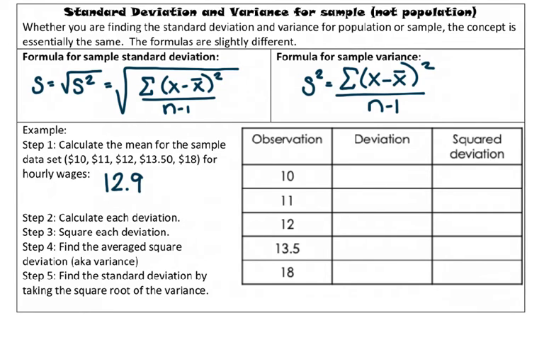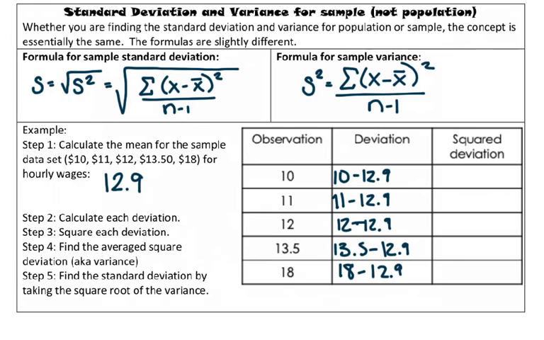Now I'm going to calculate each deviation. So I'm going to do 10 minus 12.9, 11 minus 12.9, 12 minus 12.9, you get the picture, 13.5 minus 12.9, 18 minus 12.9. It does not matter if you're using positives or negatives, because we're about to square them, so it's not going to matter.